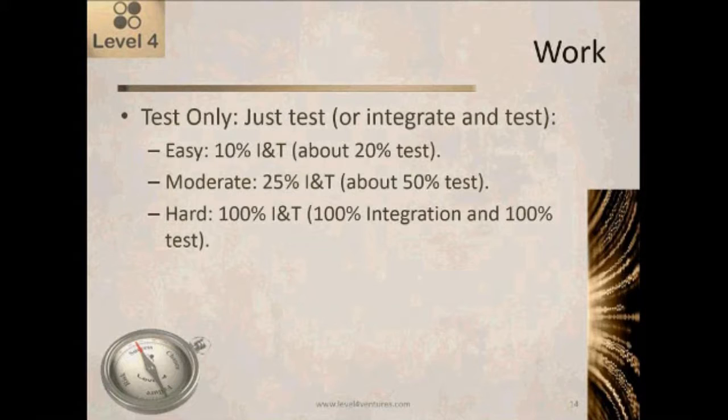A 25% integration and test would say I'm going to test about half of the routines. A 100% integration and test would say I've got the library routines on a disk. I'm going to have to install them. I'm going to have to hook them up to my existing application. So that's the integration piece of it. And then I'm going to test all of them. So that's the 100%.